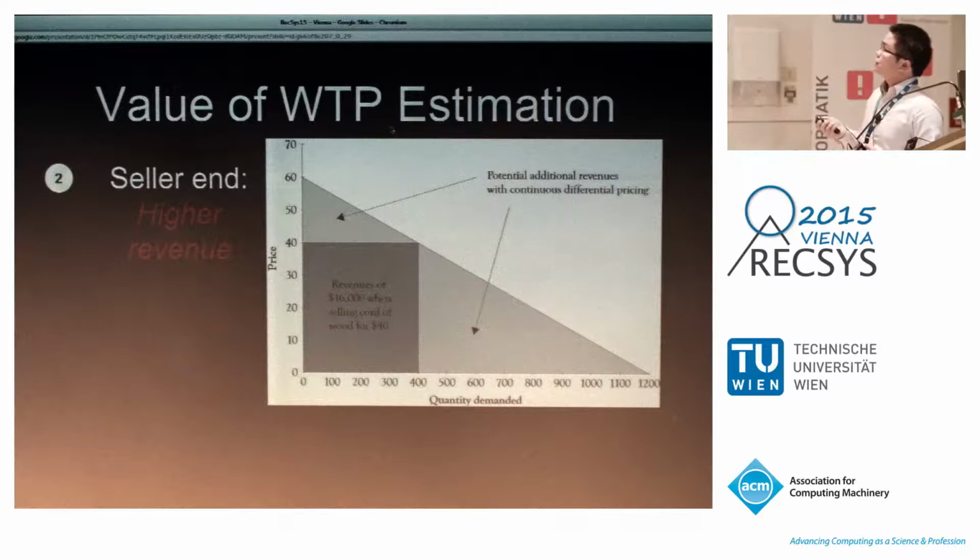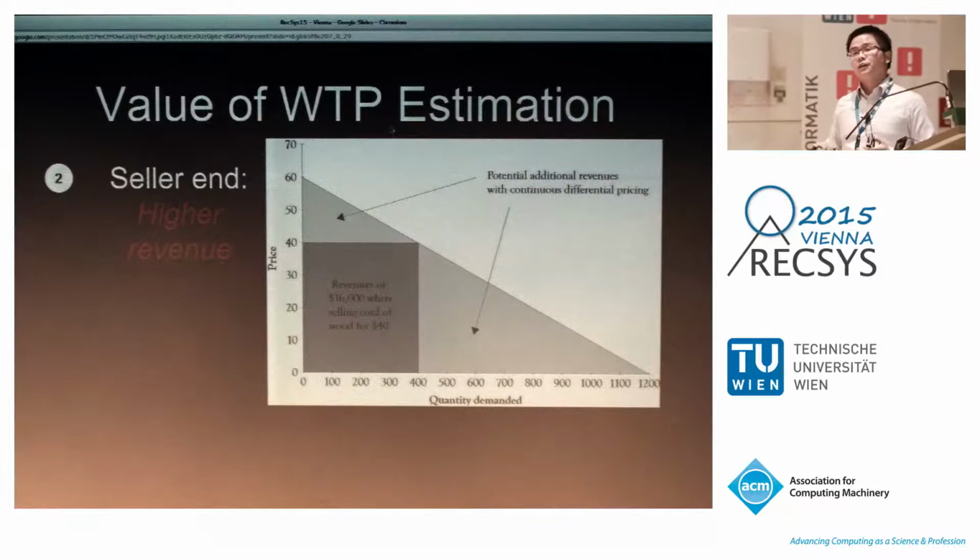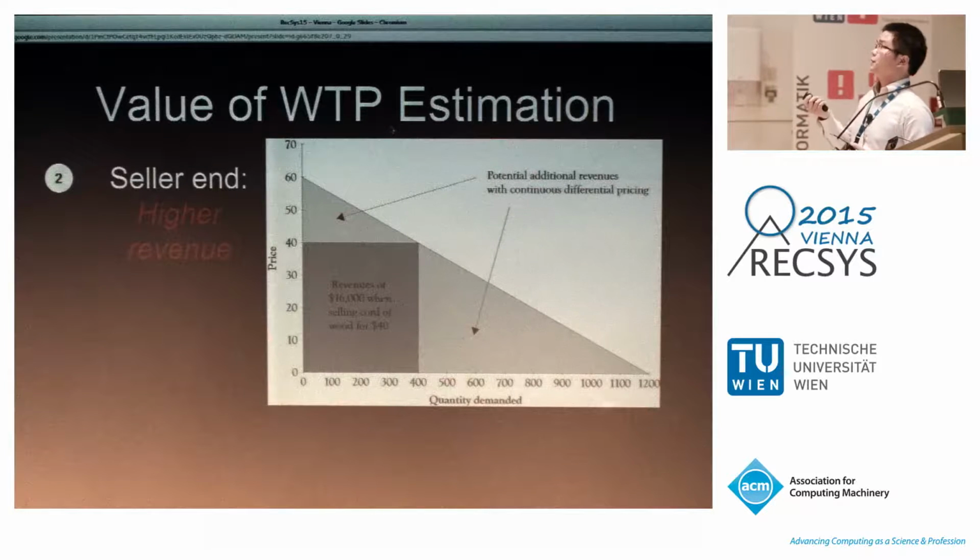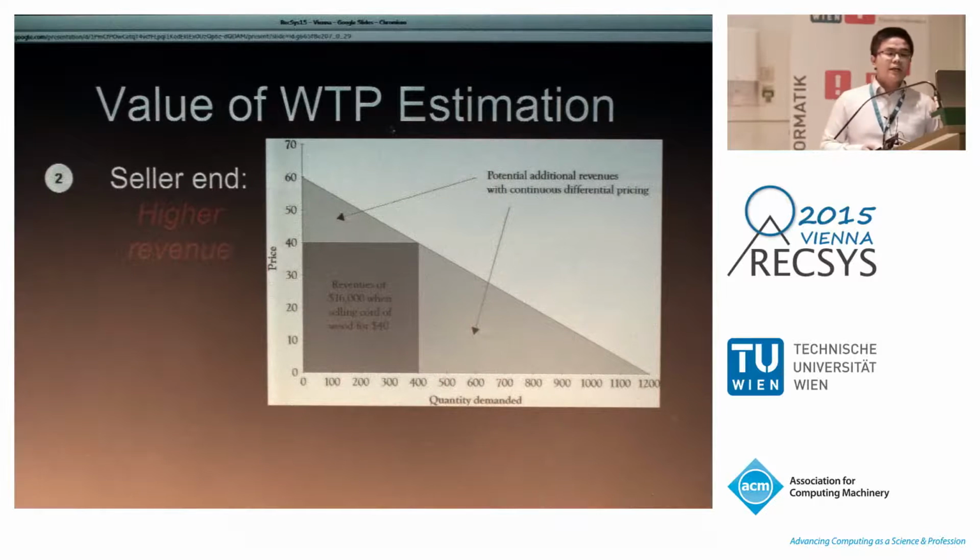Likewise, we can do similar things for people who are willing to pay less than $40. Again, we can get extra revenue. That is the area of this lower triangle. So in theory, if we can customize the price on an individual basis, we are able to get a lot more revenue than the current pricing strategy. This is amazing, I mean, for sellers.